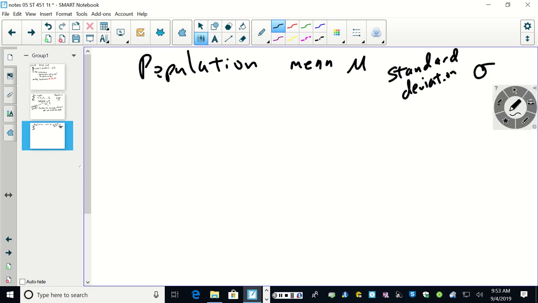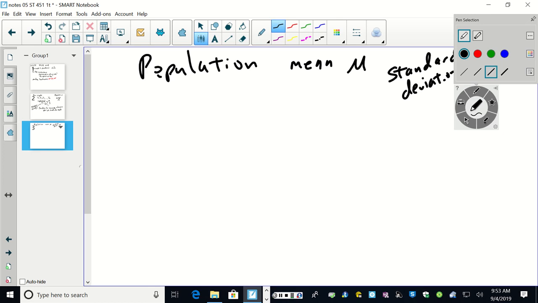Notation. And so we have this y bar under the population.